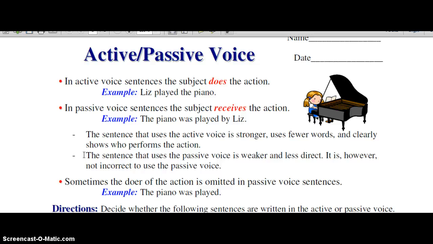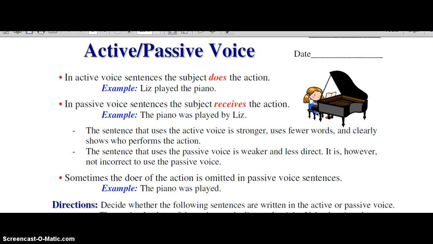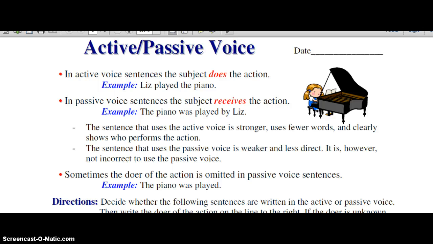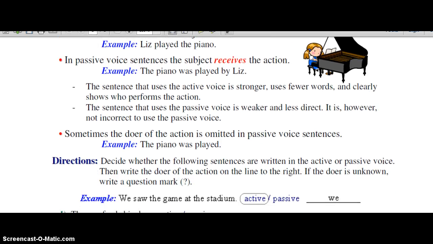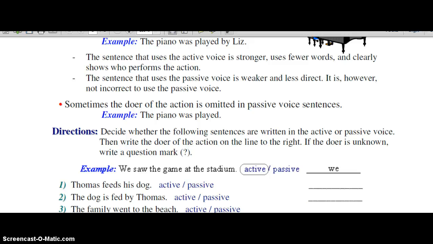It is, however, technically not incorrect to use passive voice, and in certain forms of writing, passive voice is the preferred method. But oftentimes, like if you're writing a composition for English, active voice would be preferred. Sometimes the doer of the action is omitted in passive voice sentences. So for example, the piano was played. It doesn't tell you by who.